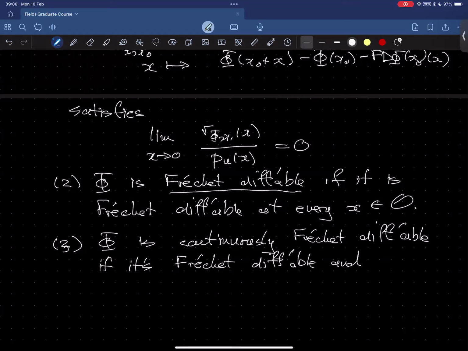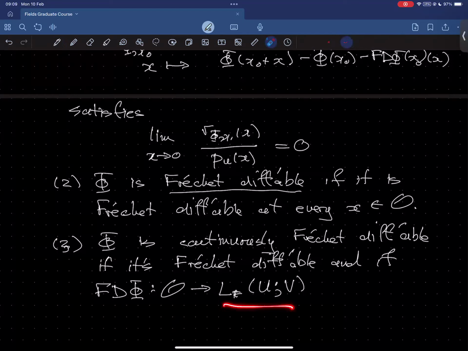And if the mapping FD phi, which now is going to be a mapping from O into the space of continuous linear mappings from U to V. Okay, so keep in mind that one of the issues when you're working with spaces that are not normed is that this space does not have a natural topology.